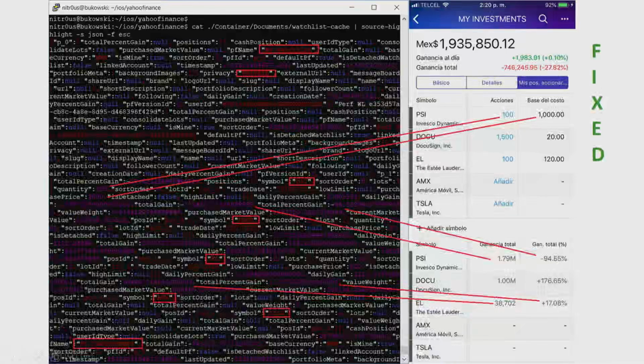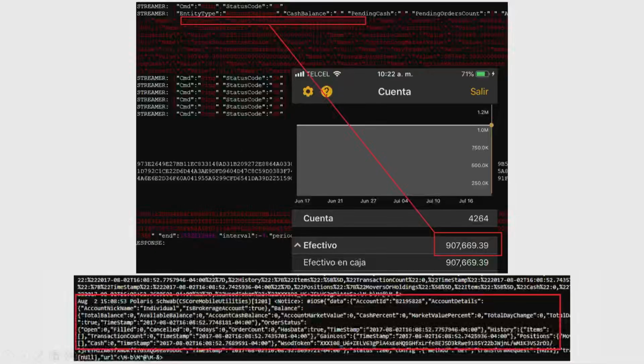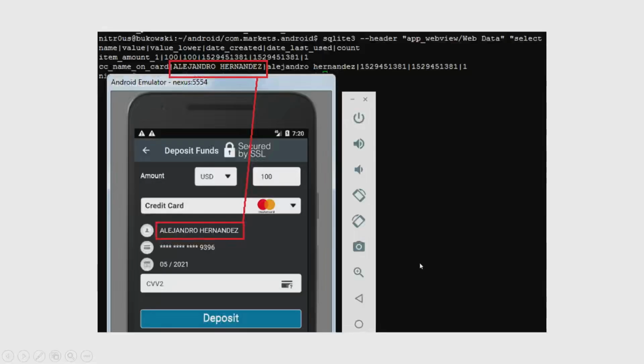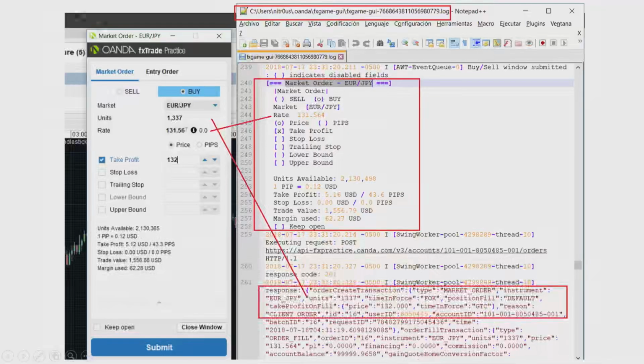We have worked closely with Yahoo to fix it. It's another one, net cash, etc., portfolios, personal data. When you fund your account with a credit card, like in this case, the name of the credit card and other data is stored unencrypted on markets.com. This is Oanda for FX.